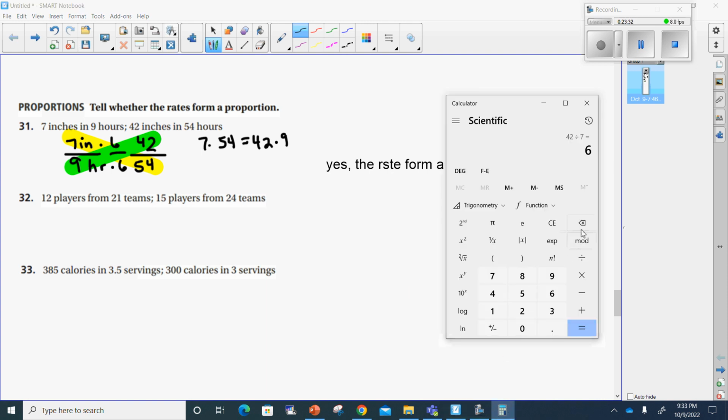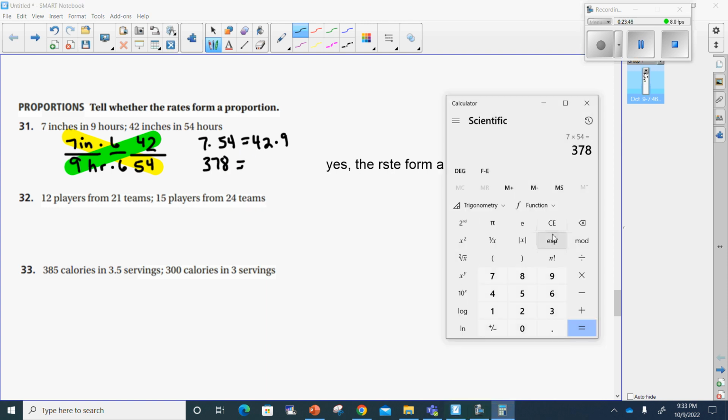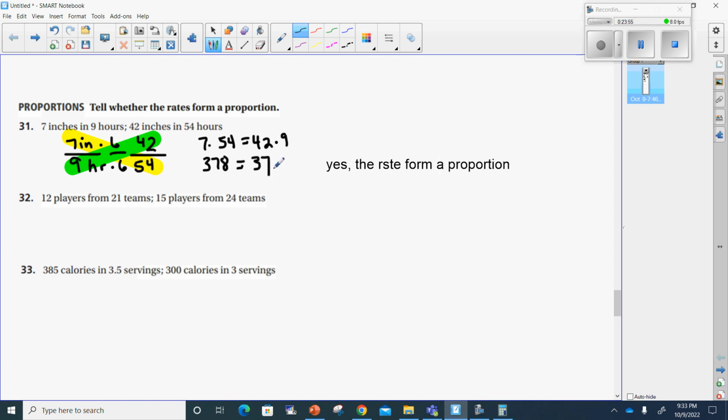Well, 7 times 54 equals 378. Does that equal 42 times 9? 378. Yes, they are proportional. All right, let's try this last one.